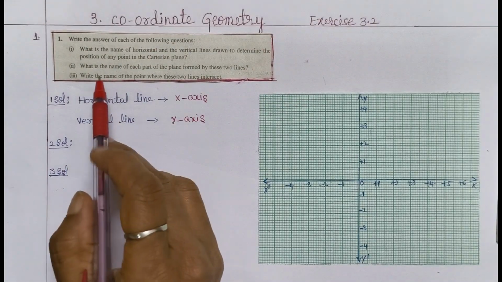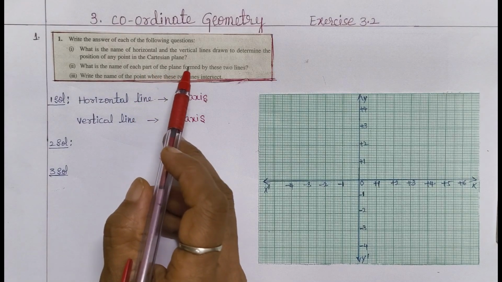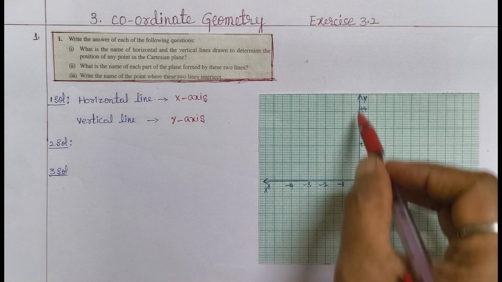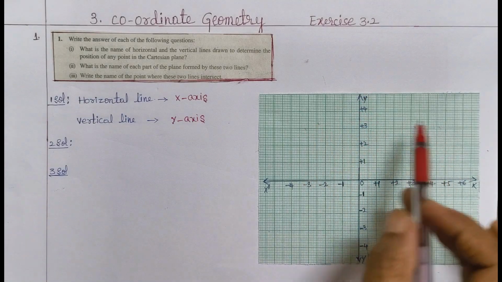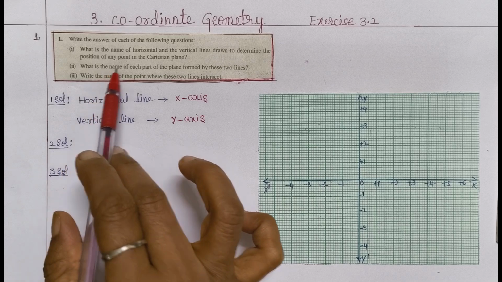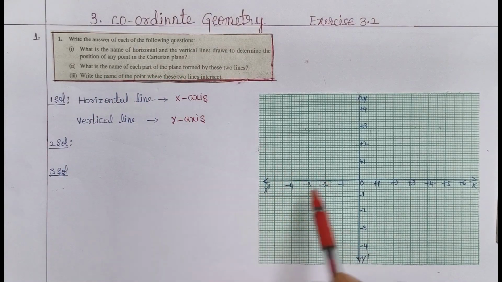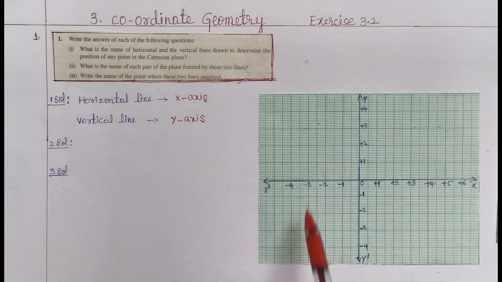Horizontal line, x-axis. Vertical line, y-axis. First answer is finished. Next, what is the name of each part of the plane formed by these two lines? See here, x-axis and y-axis, they meet and form four parts.